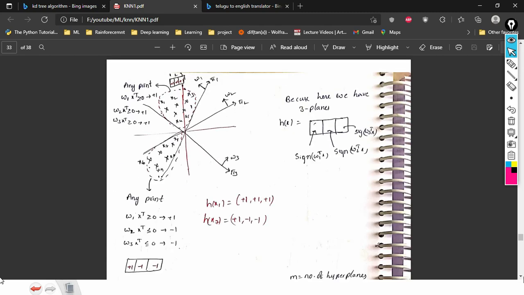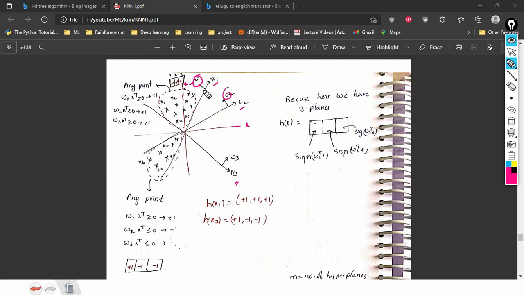Here we can clearly observe this is the axis x, next to these are two axes, these are some points, and these are some other points. When we create 3 random planes here, pi 1, pi 2, pi 3, they have unit vectors w1, w2, w3.